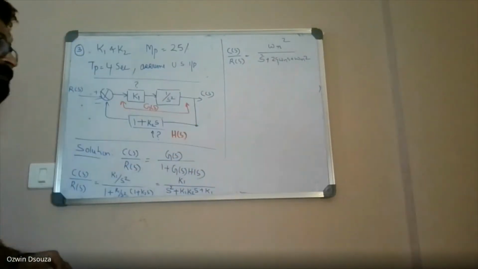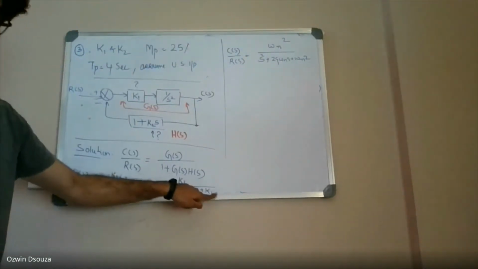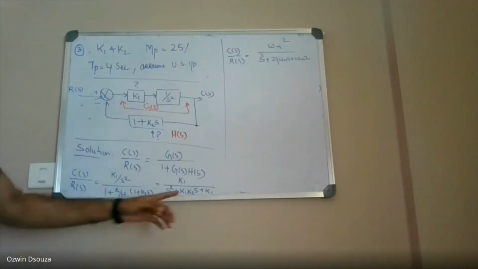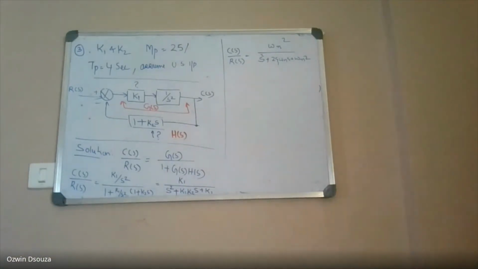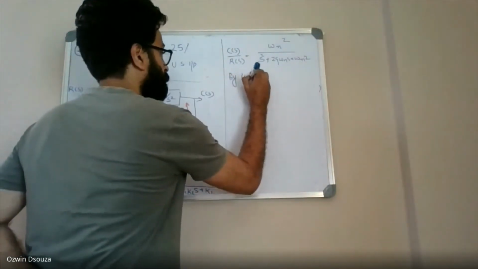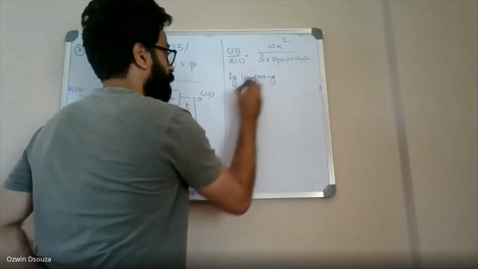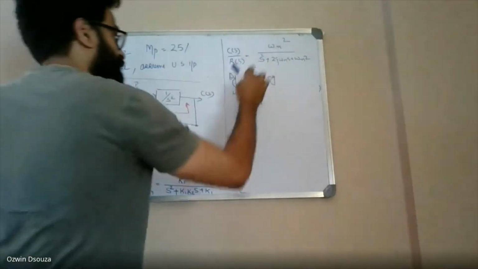Yes, it is in standard form, because the omega n square term appears both in the numerator as well as in the denominator. So by comparing, we get omega n square as k1.